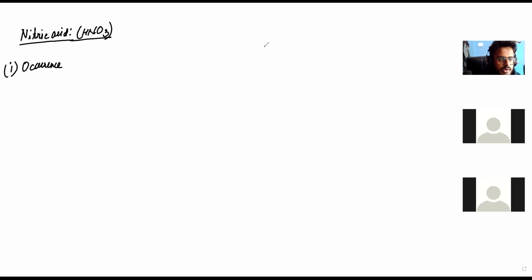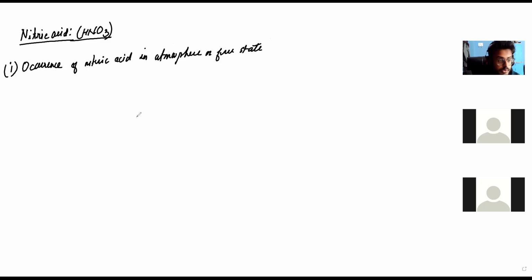Occurrence of nitric acid in atmosphere or free state. Where can you find nitric acid in the free state or in the atmosphere, right?